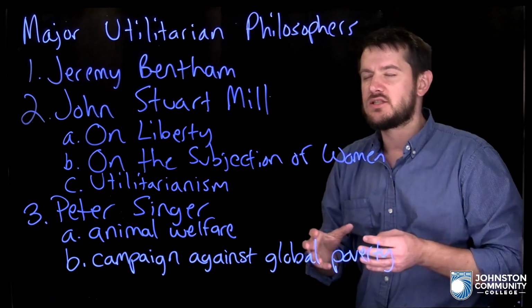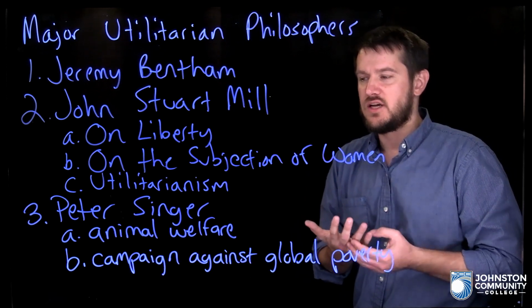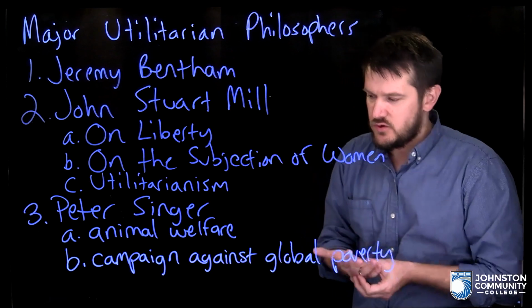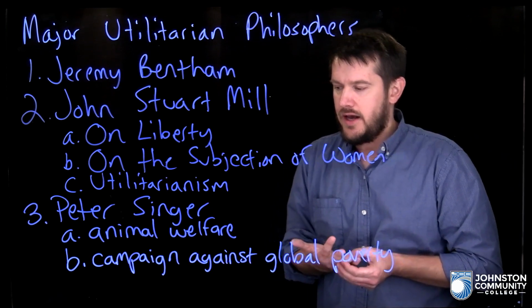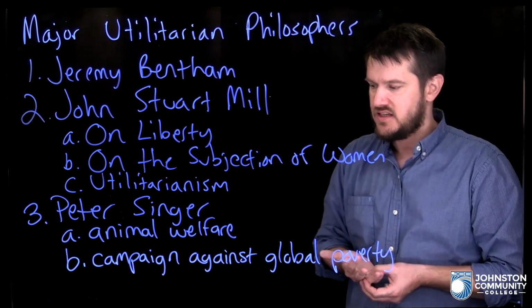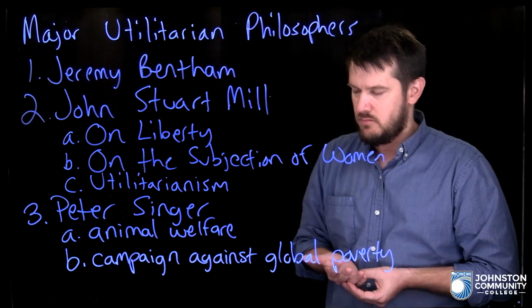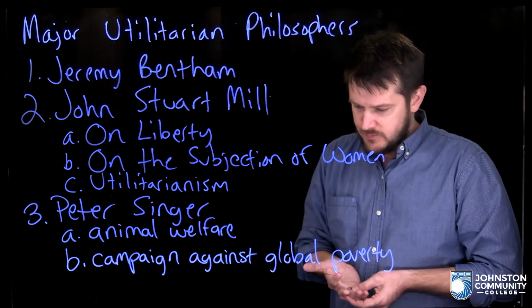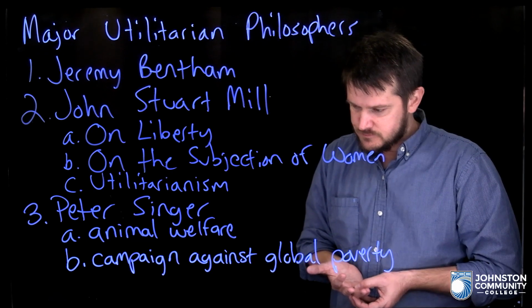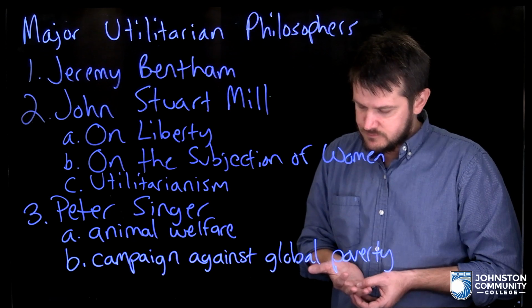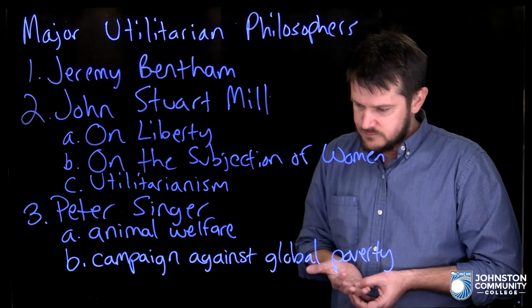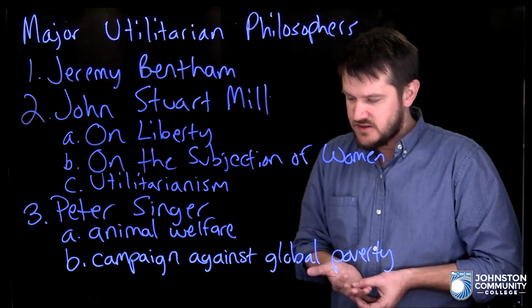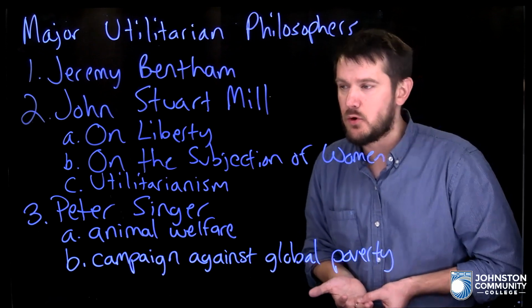Always progressive, forward-looking moral thinkers ahead of their time, always advocates for the poor, always advocates for the downtrodden, the meek. And so, yeah, it's a democratic, egalitarian, progressive moral theory.